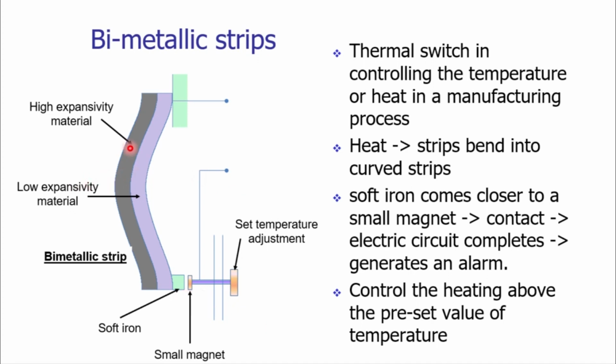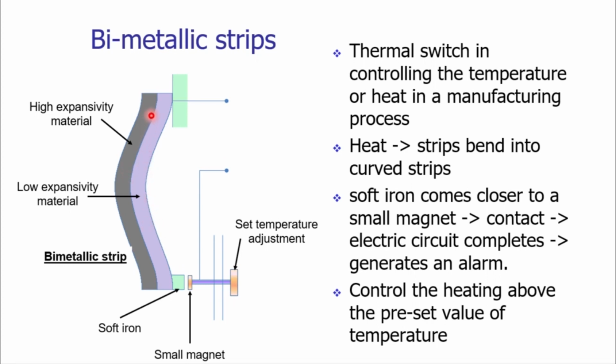If we heat up this composite layer, if we increase its temperature, the top layer of the composite strip will expand. Its coefficient of expansion is high, so it will try to expand, but the inner layer, whose coefficient of expansion is less, will restrict the movement of the top layer.